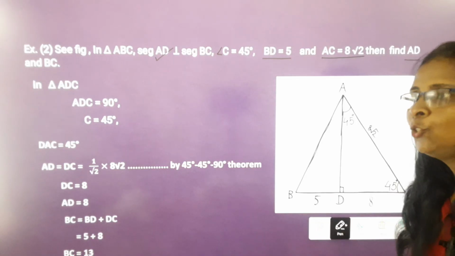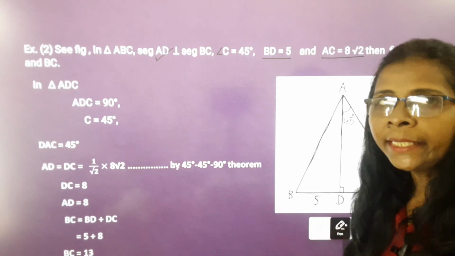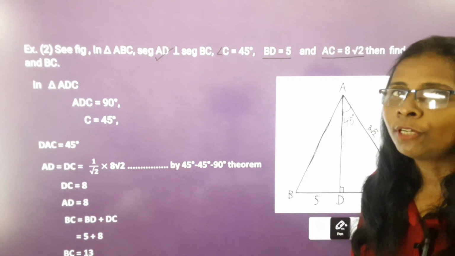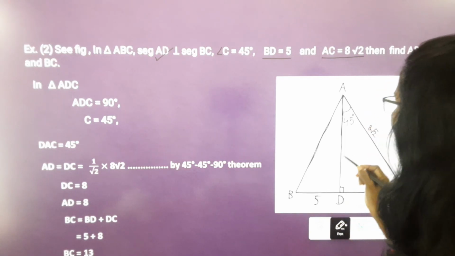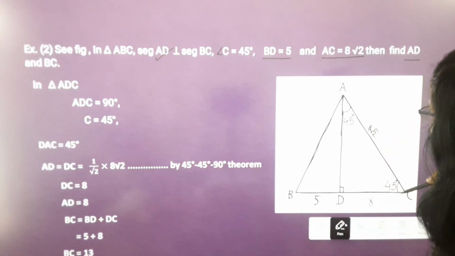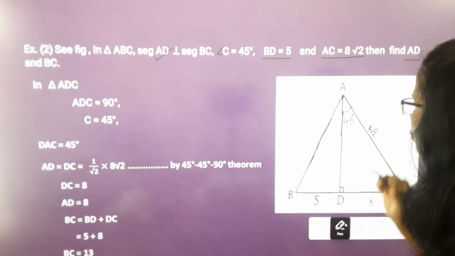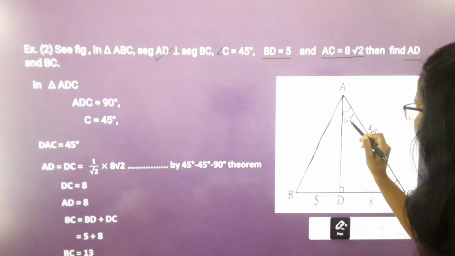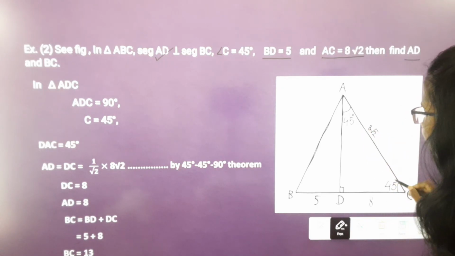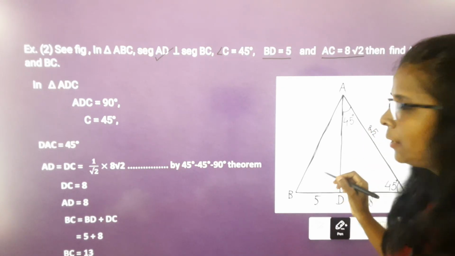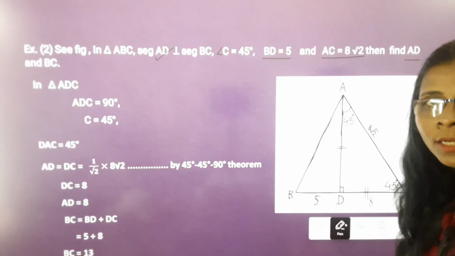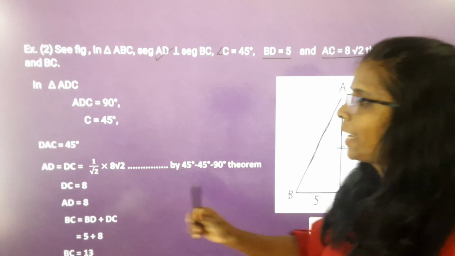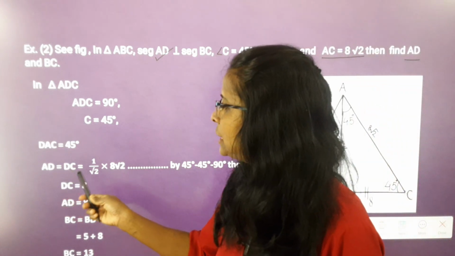And so we can use here the property of the 45-45-90 degree triangle, student. So here, using this property, we also say that these two angles are 45, 45 degrees.